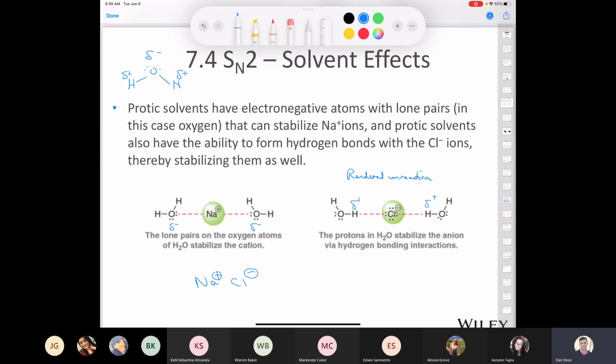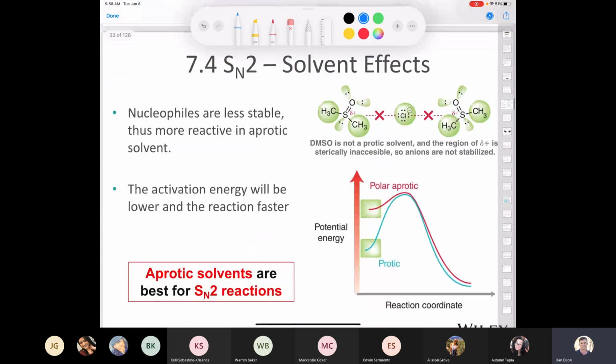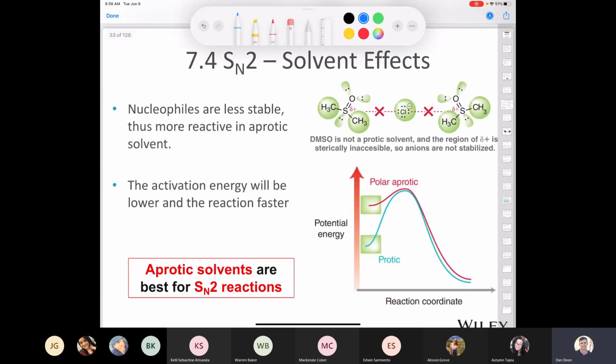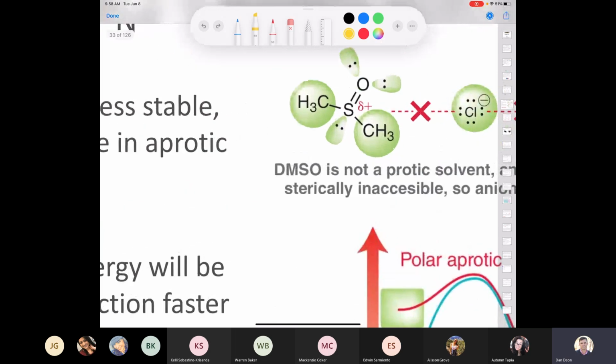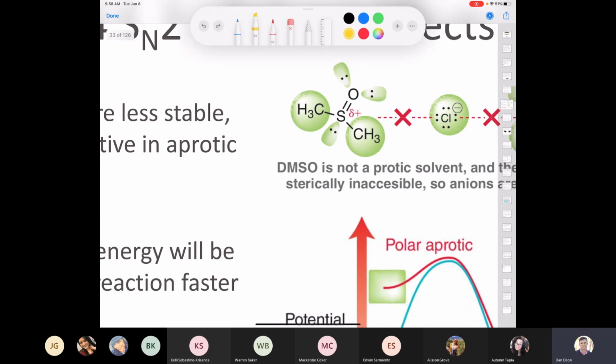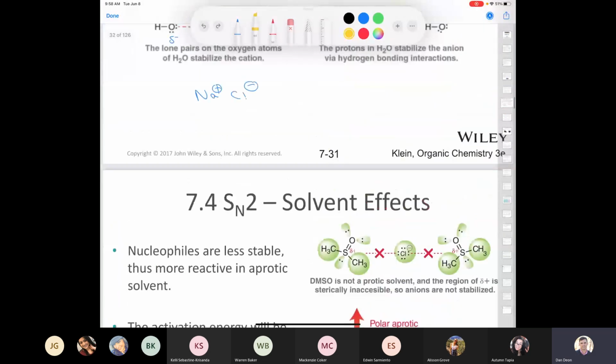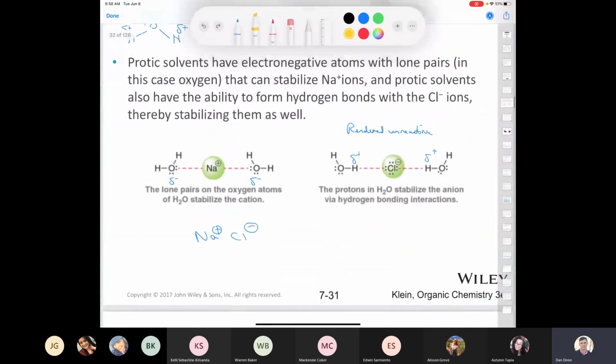So why does it react in a polar aprotic solvent? Well, they show you here with DMSO. DMSO is a polar aprotic solvent, and you can see that there is a dipole in the molecule. However, the delta plus is too sterically hindered to stabilize the chloride. It just won't do it. Now, the DMSO molecule can stabilize the cation.